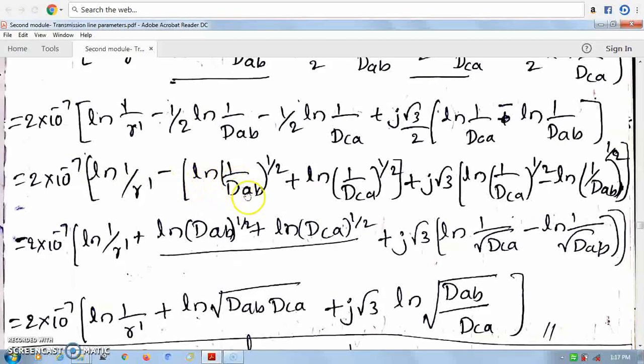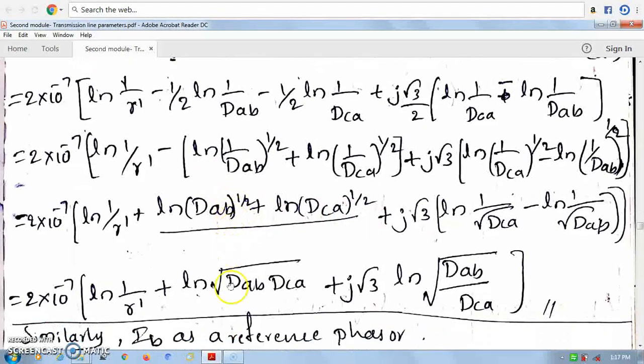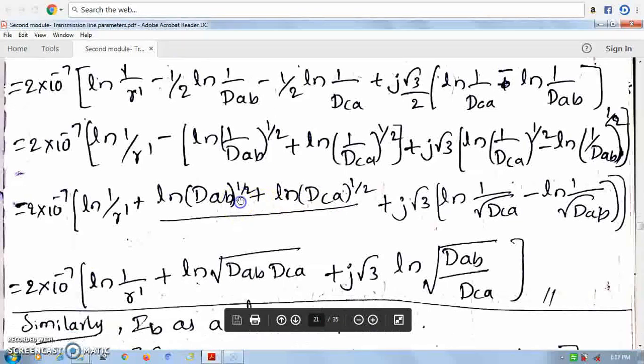Minus ln of 1 divided by DAB means plus ln DAB. So minus here, plus here. The power of 1 by 2 means the root of DAB. Here plus means ln of DAB into DCA, raised to 1 by 2, that is root DAB into root DCA.